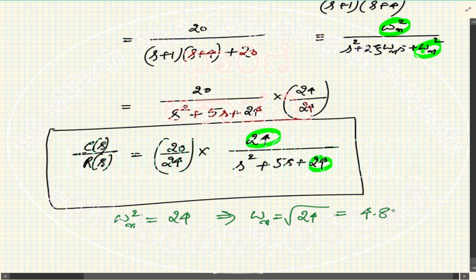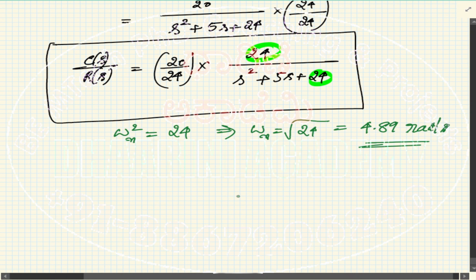Okay, so in radians per second, first value we calculate, and since omega n is known, from the denominator we can even extract the 2 times zeta into omega n should be equal to 5. Implies now we can directly calculate zeta, the damping ratio. This is 5 divided by 2 times omega n, that is 4.89.